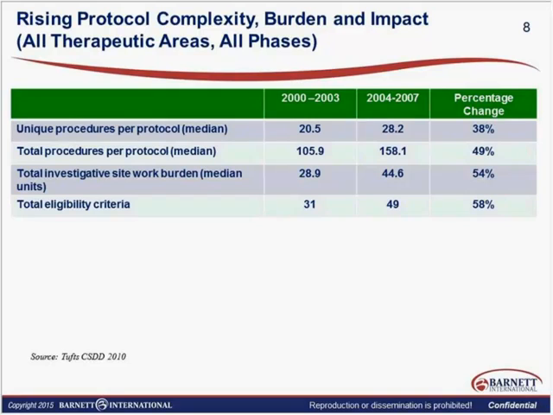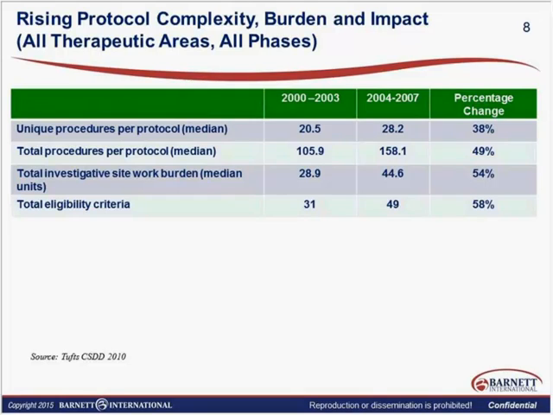Just briefly, this data may be familiar to all of you, so I'm not going to spend a whole lot of time on this, but this comes from the Tufts Center for the Study of Drug Development that does a lot of benchmarking data, and over the years they've been monitoring the changing landscape with protocol complexity. In this period of time, they were looking from 2000 to 2003 and then 2004 to 2007, at how protocols have become more complex in terms of number of procedures, the unique types of procedures, and the investigative site work burden that increased 54% in this period of time.